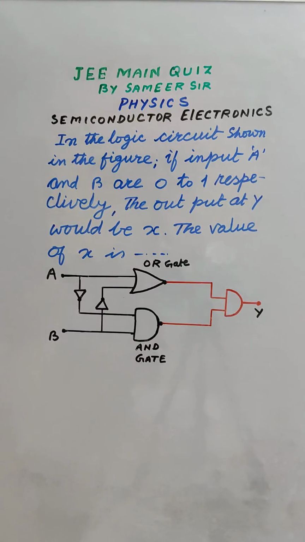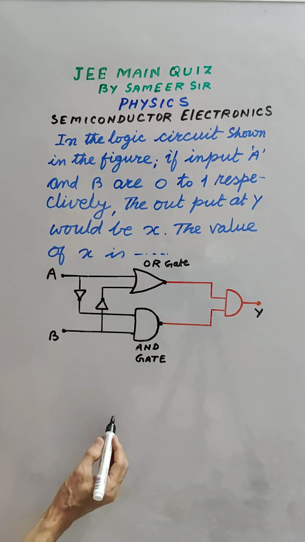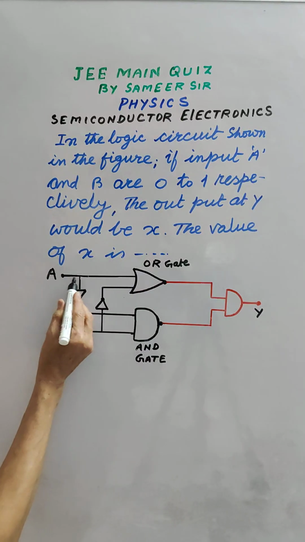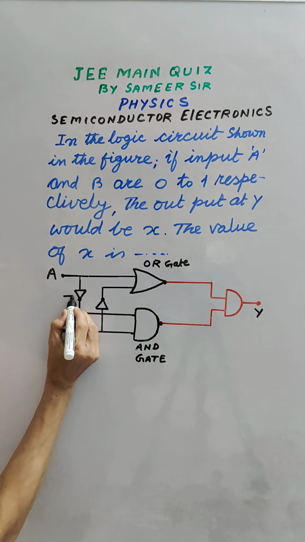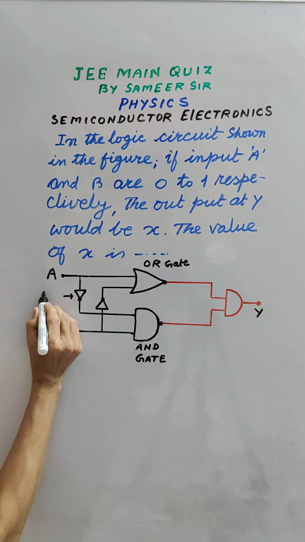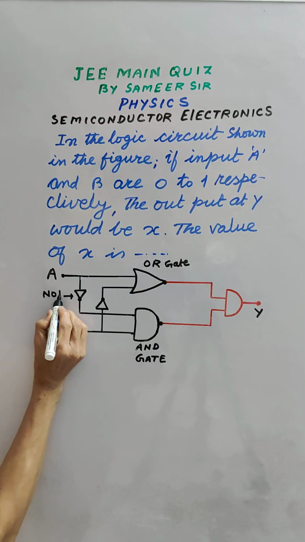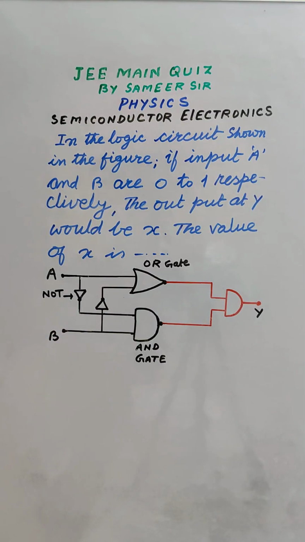And this gate receives the signal from A from here and through a NOT gate. This is NOT gate, inverter.